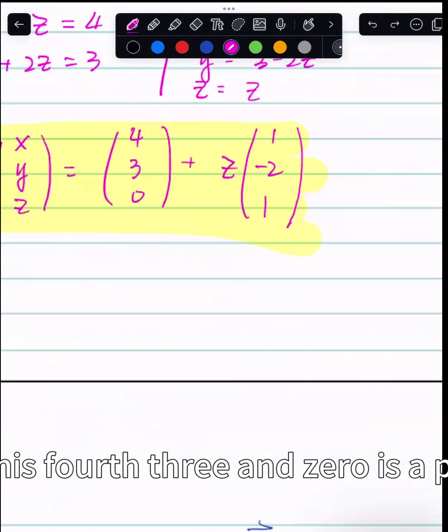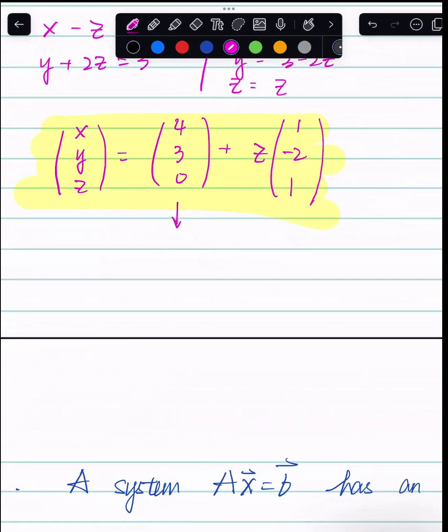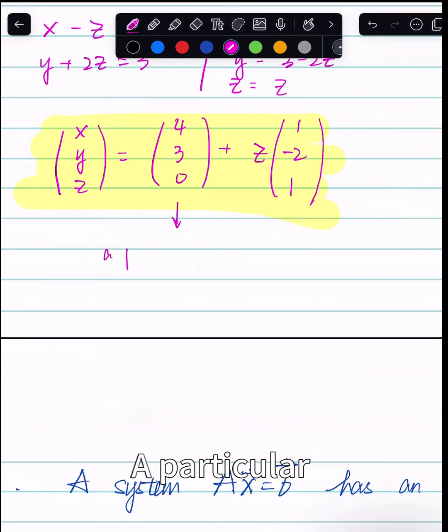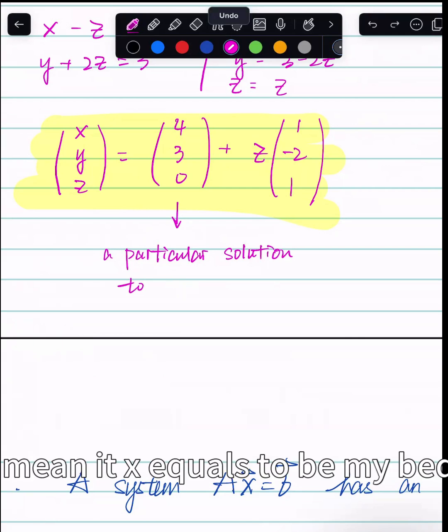So this (4, 3, 0) is a particular solution to Ax equals b, my bad.